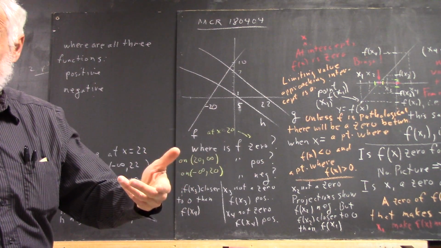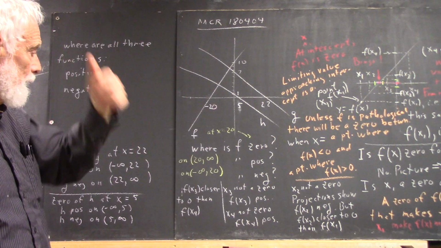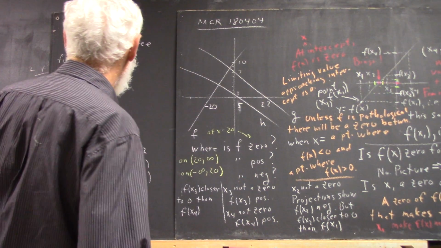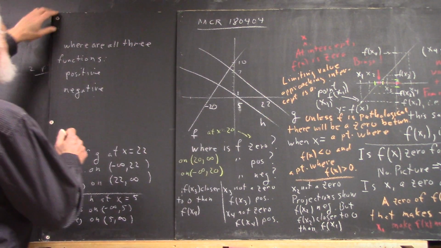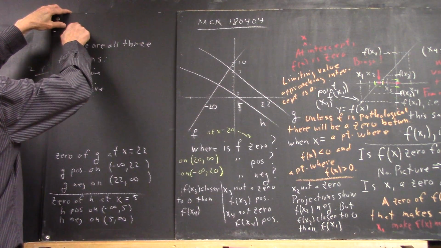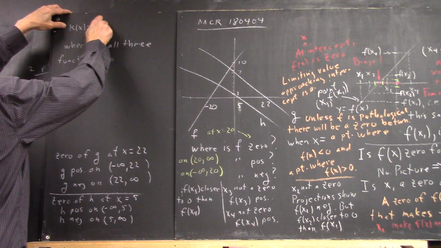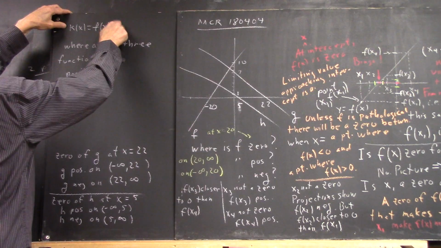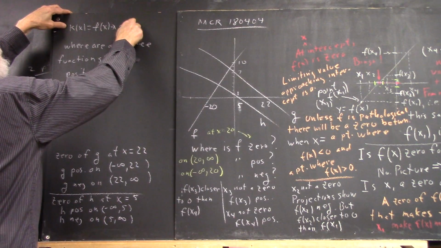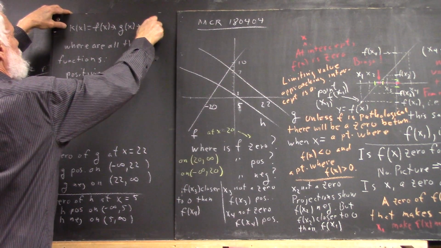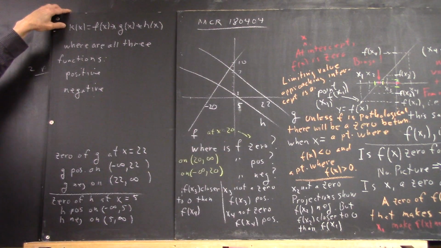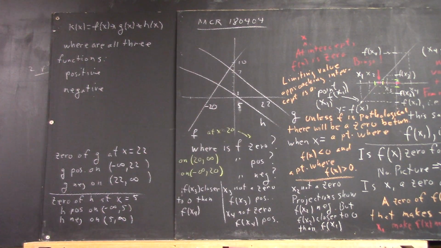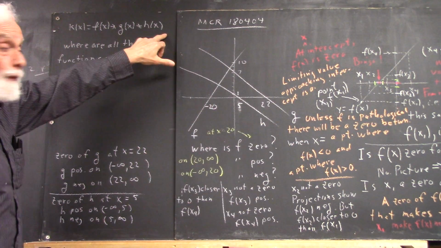If we talk about the function, remember on the homework, we have the k of x function, f of x times g of x times h of x. That k of x function is the product of these three functions.